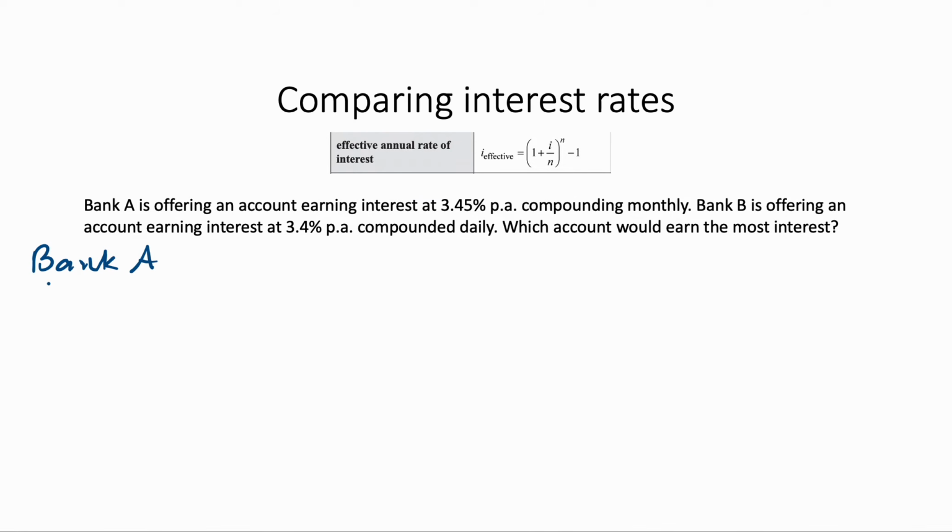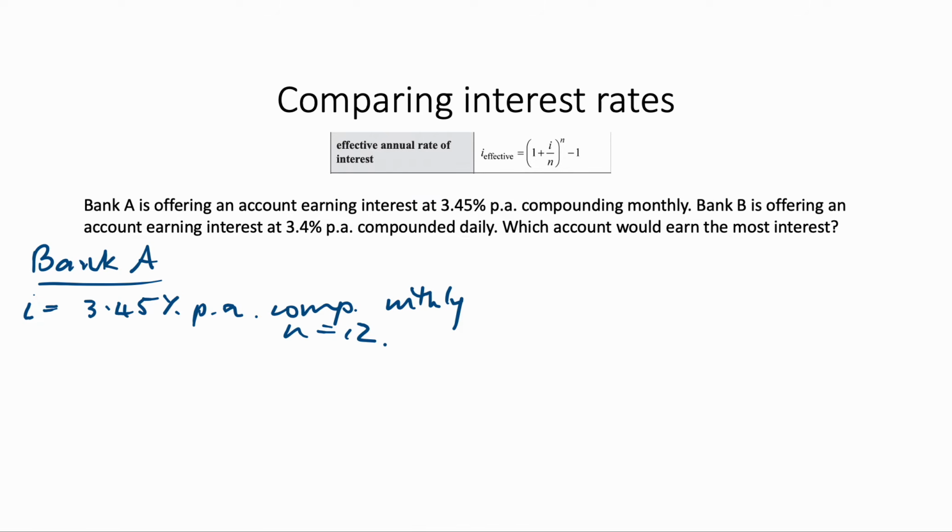So Bank A, their rate, i, is 3.45% per annum, but compounded monthly. So that means our n in the formula is going to be 12.